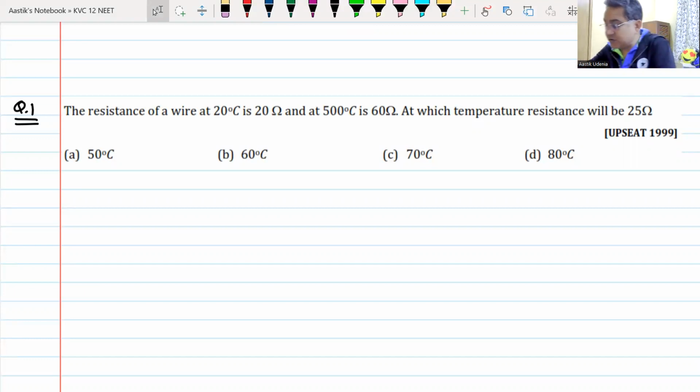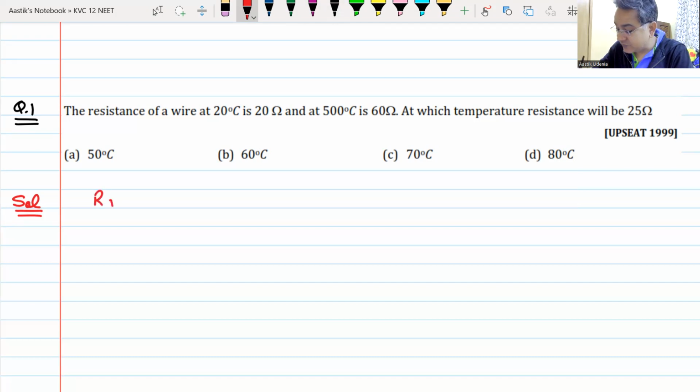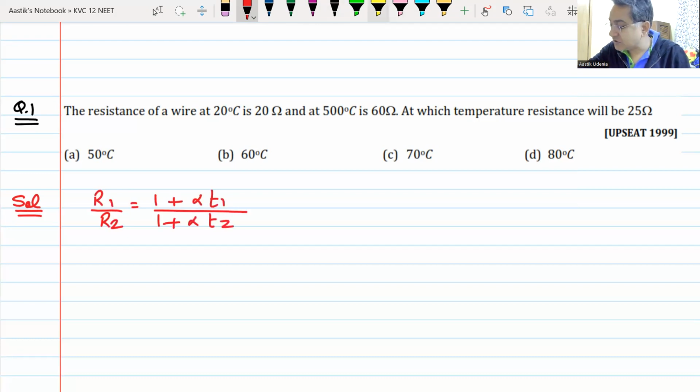Let me do it for you, because this question may not come, as it requires a lot of calculations. I just wanted you to see what type of question will come in resistance. I can use the formula R1 by R2 is equal to 1 plus alpha into temperature T1 divided by 1 plus alpha into temperature T2.